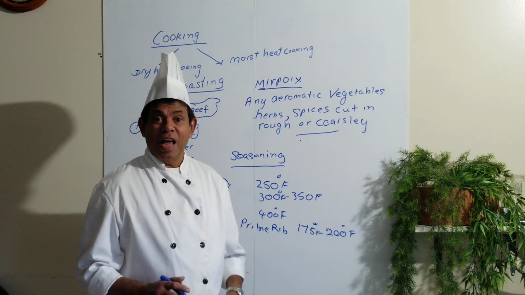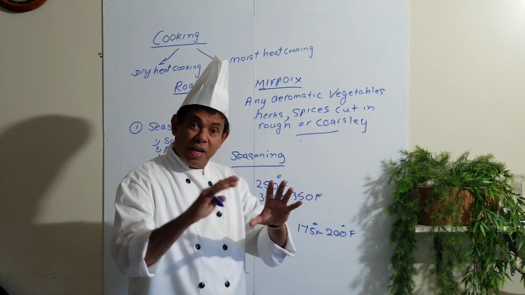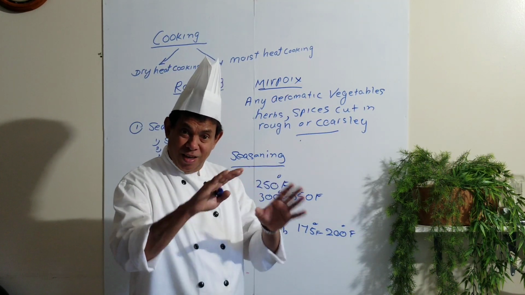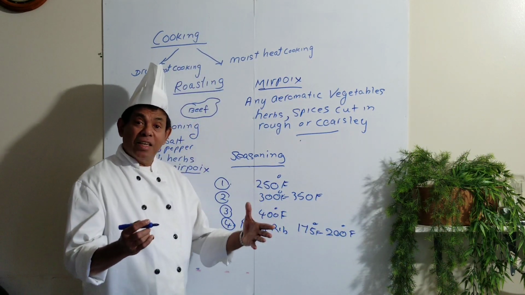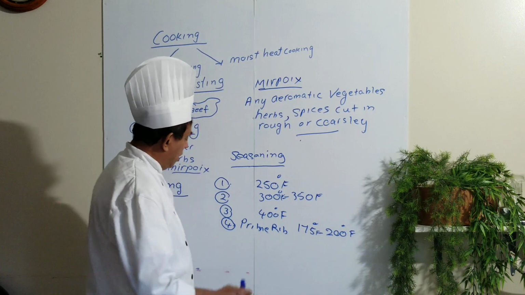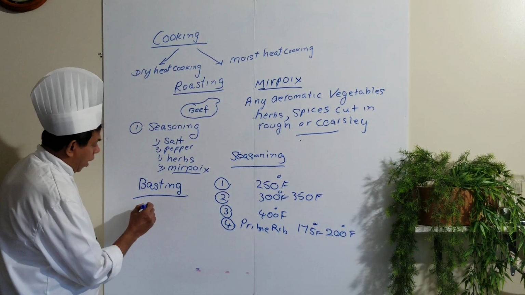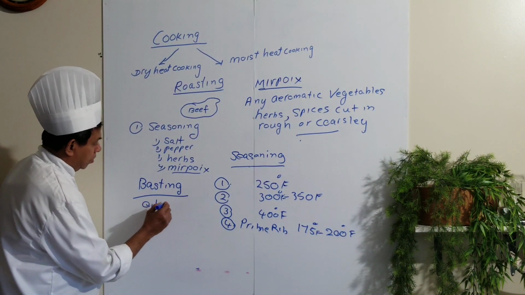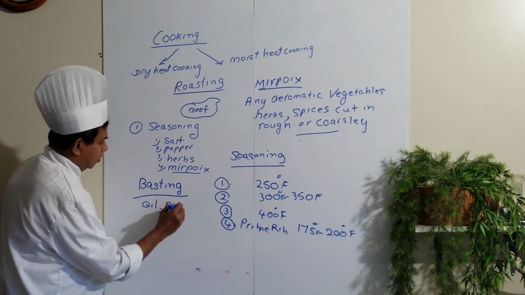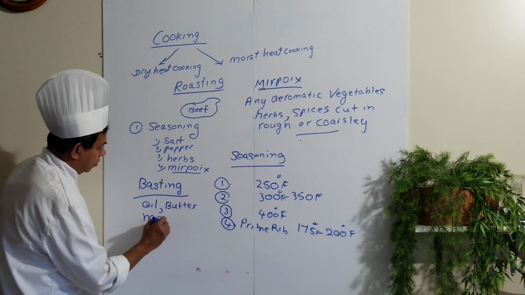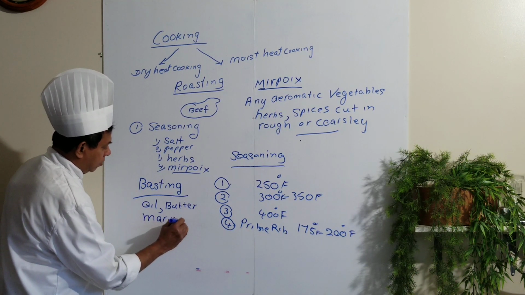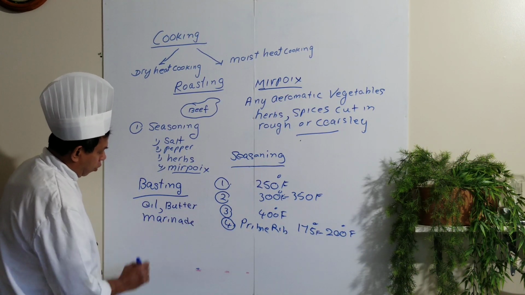A lot of reasons. And another is to protect the meat from the high heat. We use the fat. So you can use as a basting item oil, butter, a marinade, au jus.